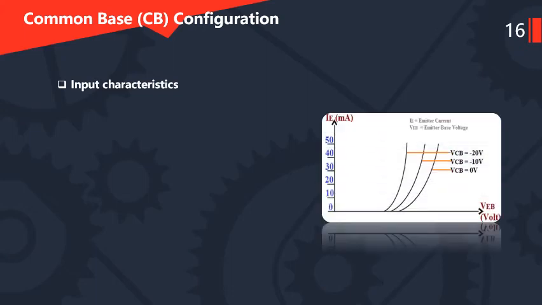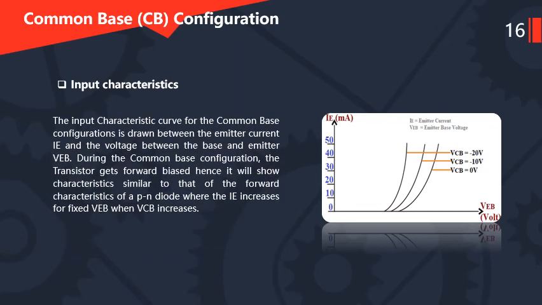So this is the input characteristics for the common base configuration of a transistor. The input characteristics curve for the common base configuration is drawn between the emitter current IE and the voltage between the base and emitter, meaning VEB.